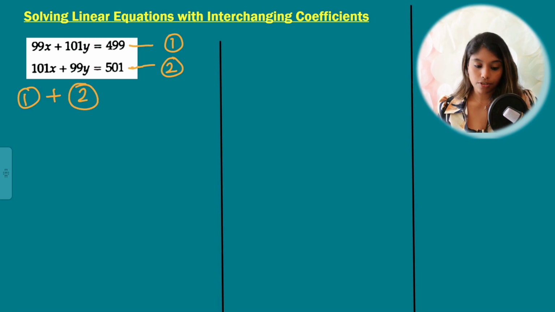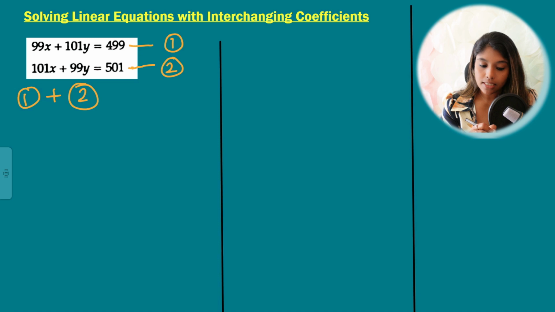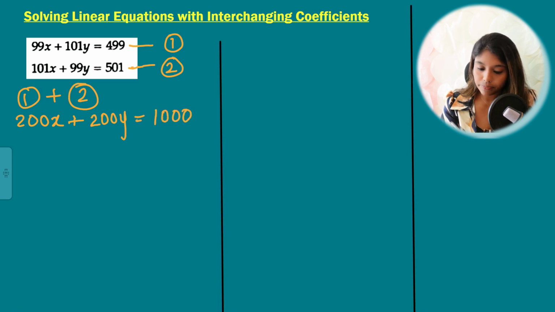So adding 1 and 2, you add the x terms together, y terms together, and then constants together. When you add the x terms, 101 plus 99 gives me 200x, plus again 101 plus 99 gives me 200y, and the constants add up to 1000.